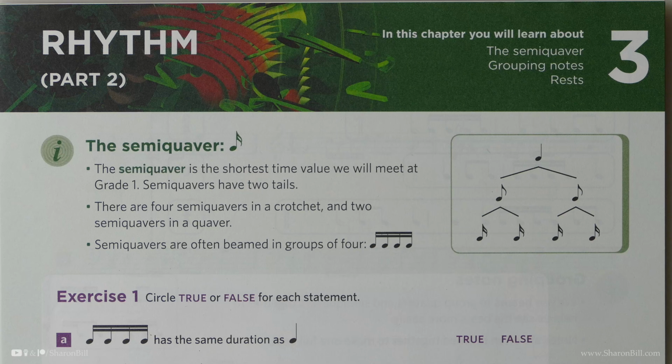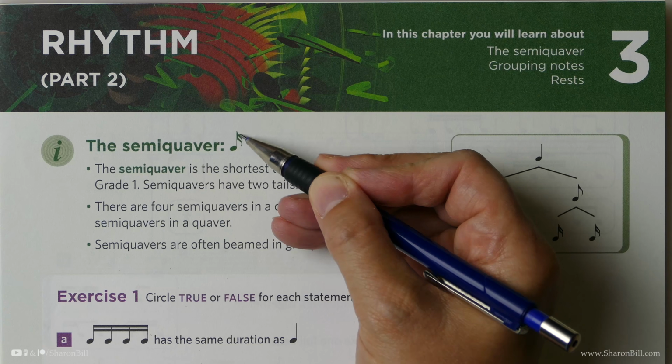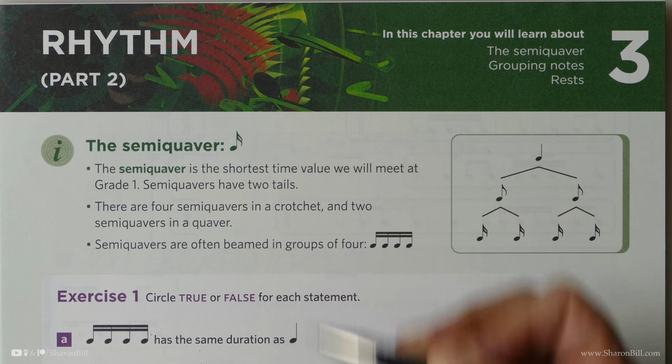We return now to the topic of rhythm on page 13 of the Grade 1 Discovering Music Theory book, page 13. And we're going to look at, first of all, the semiquaver. The semiquaver, we can see, now has two little tails added to the stem.